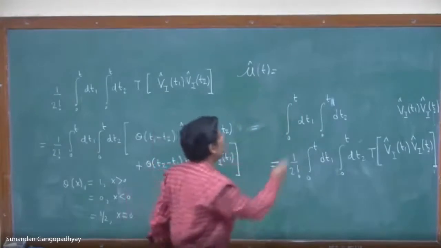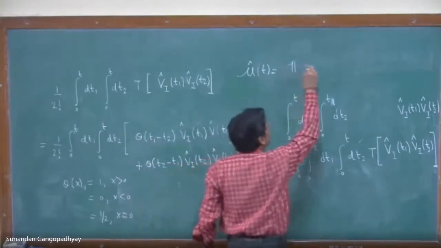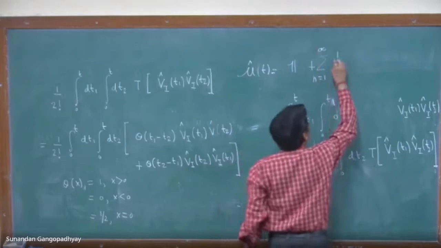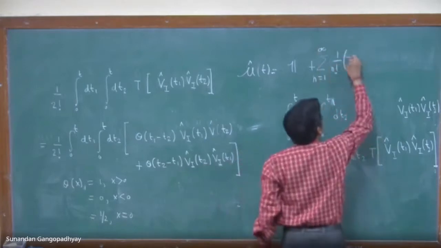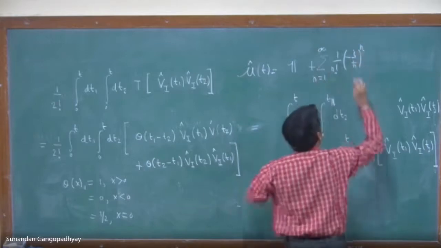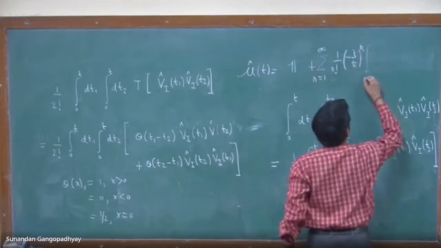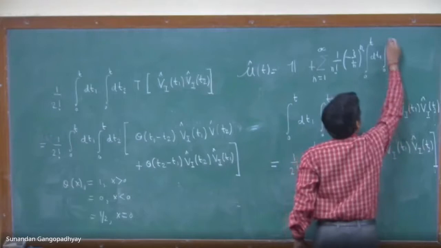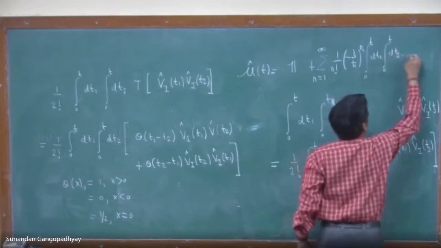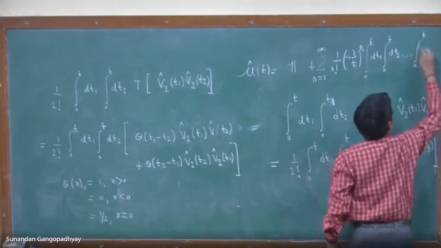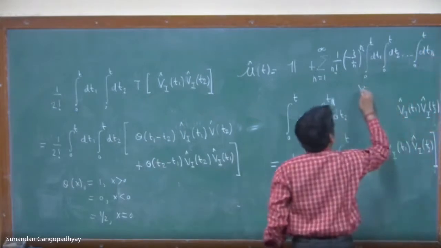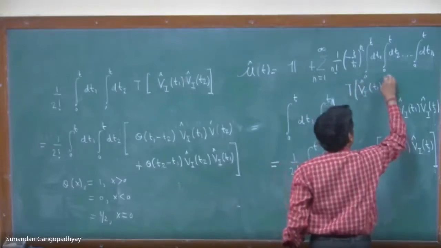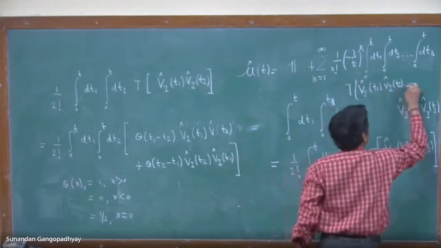Now you can write it as the identity operator plus summation n equal to 1 to infinity, 1 by n factorial, minus i by h bar to the power of n, integral 0 to t dt1, integral 0 to t dt2, and so on, integral 0 to t dtn, time order product of V hat I(t1) V hat I(t2) ... V hat I(tn).